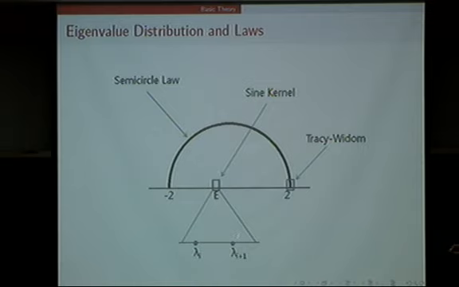In this picture, we use the sine kernel for this part, but this was true because this E is not near 2 or minus 2. When this E is very close to 2 or negative 2, then the sine kernel should change, and the gap distribution is something like the trace rhythm, or something which can be derived from the trace rhythm formula. This is what we call the gap distribution at the edge.